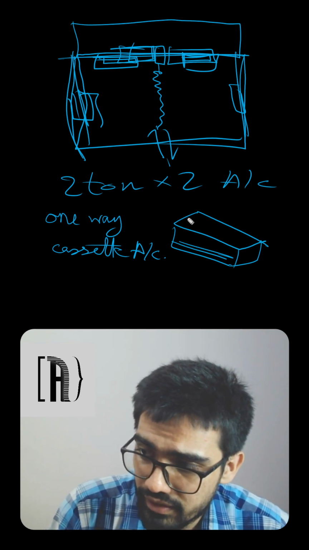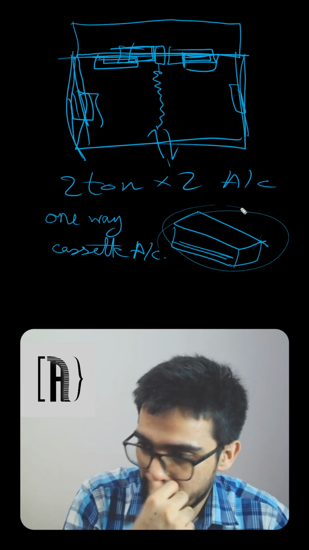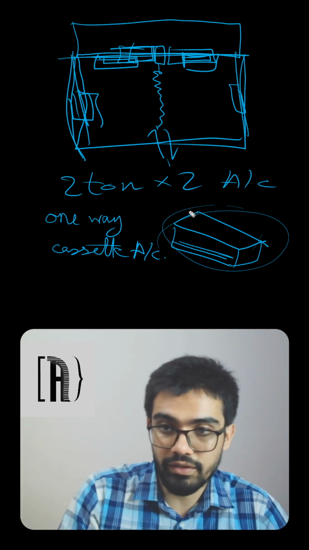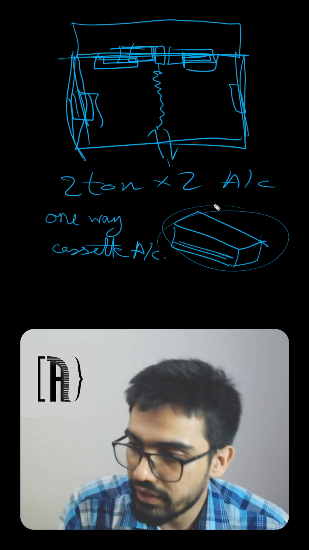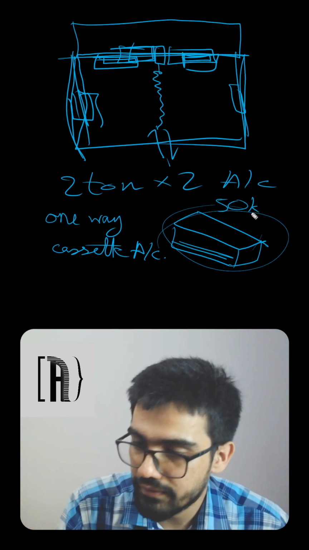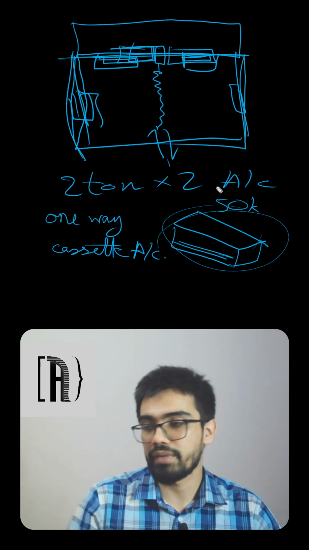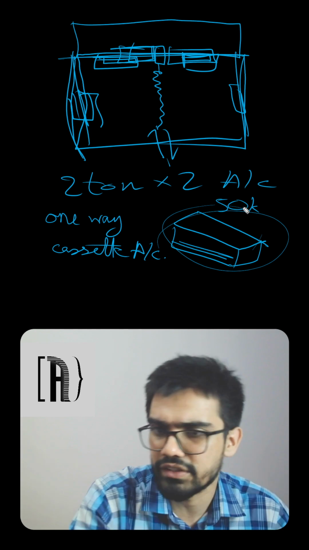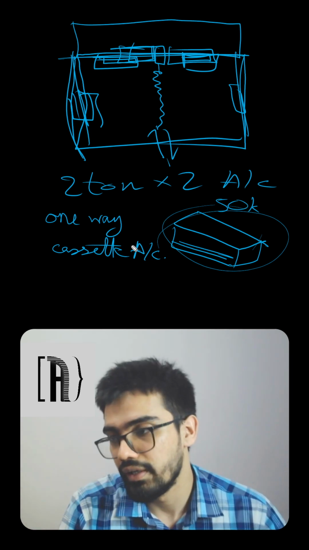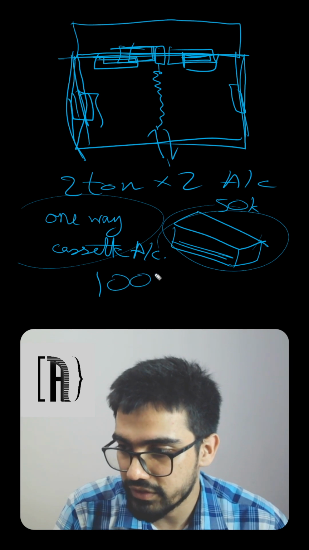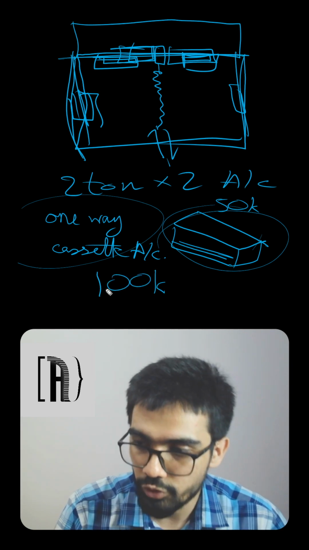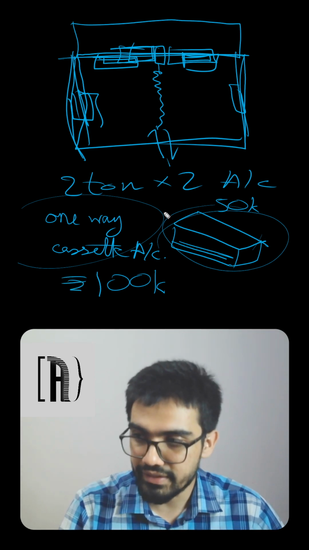This type of thing, not the one-way cassette, the typical normal inverter AC, which is a big box, it costs, let's say, 50K. Now, I'm not considering the piping and all. It's 45 to 50K, just this unit and the outdoor unit. Whereas one-way cassette AC is 100,000, which is 1 lakh rupees, which is double than this, right?